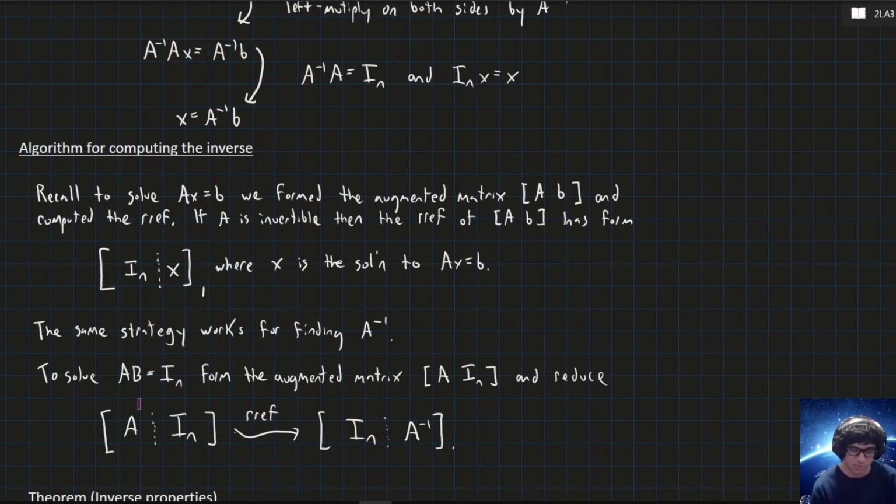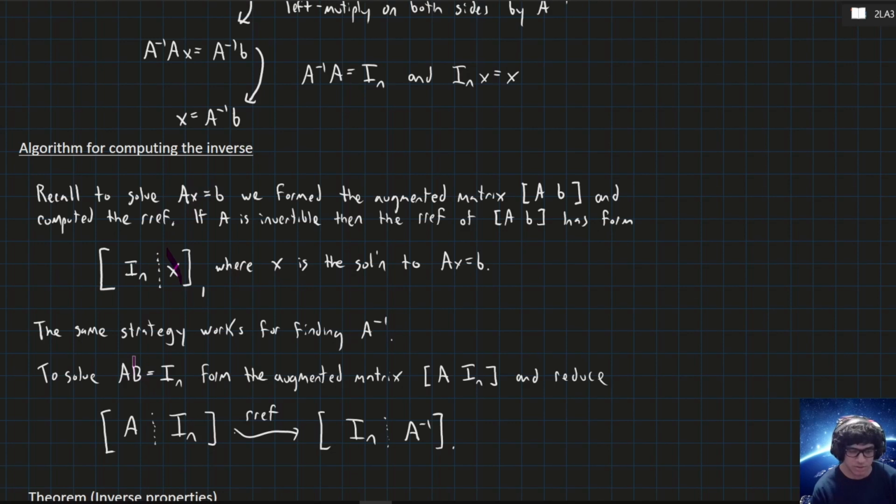If A is invertible, then we'll get the identity matrix on the left side now. A will turn into the identity matrix when we reduce it, and what pops up over here is the solution, the inverse of A. See how when we were solving this, and A was invertible, the solution X showed up over here.